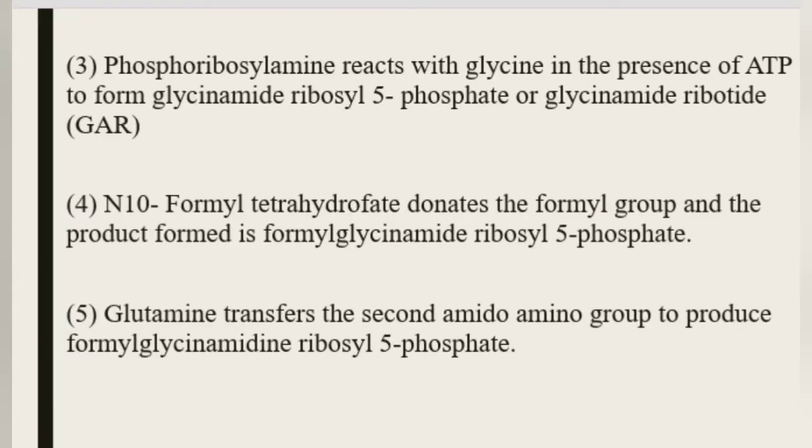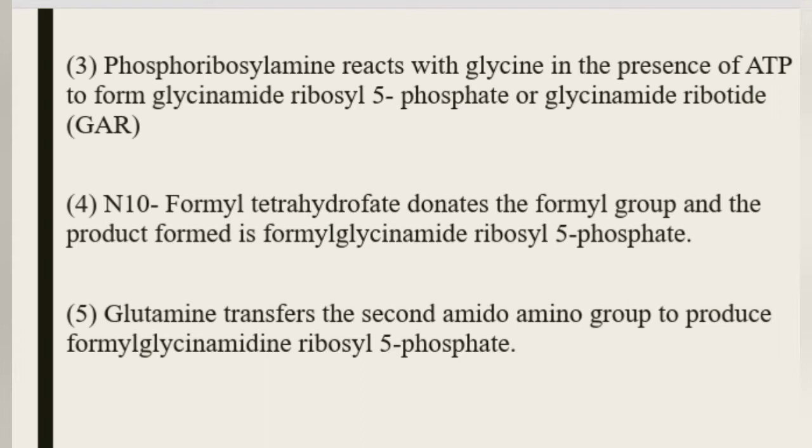The third step is that phosphoribosylamine reacts with glycine in the presence of ATP to form glycinamide ribosyl 5-phosphate, or glycinamide ribotide. The fourth step is that N10 formyl THF donates the formyl group, and the product formed is formyl glycinamide ribosyl 5-phosphate.